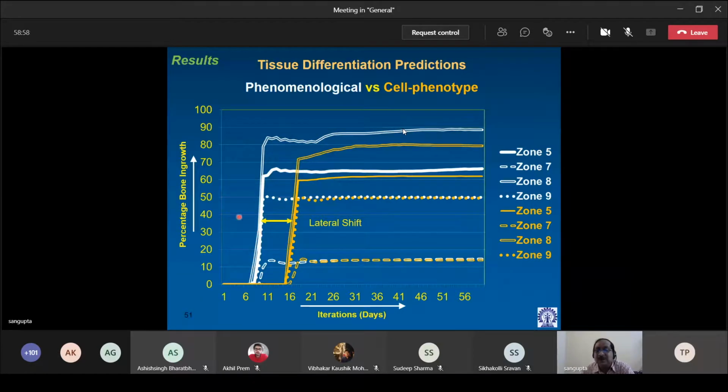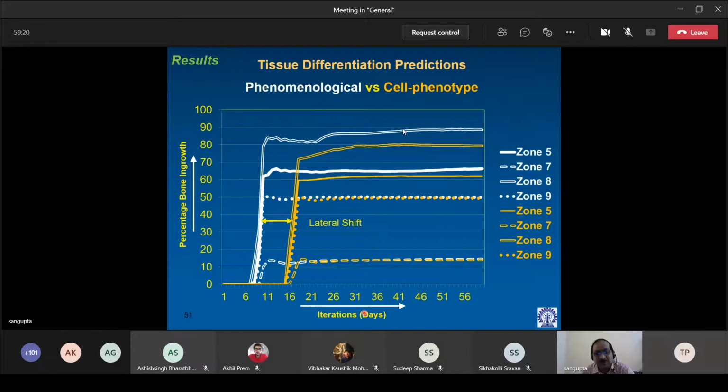This lateral shift is basically due to the inclusion of different cellular mechanisms and their coefficients that influence the process. The process is basically delayed, as you can see.